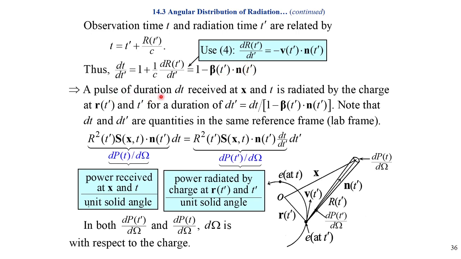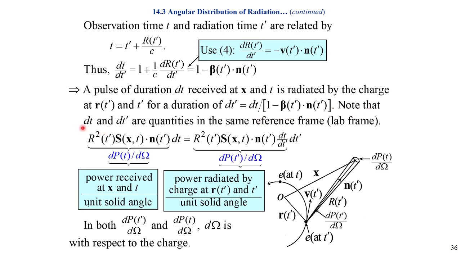A pulse of duration dt received here at x and t is radiated by the charge at this point for a duration dt prime equal to dt minus this one.